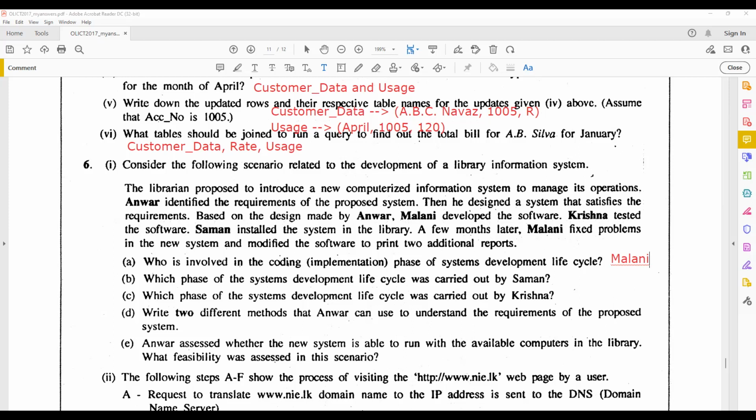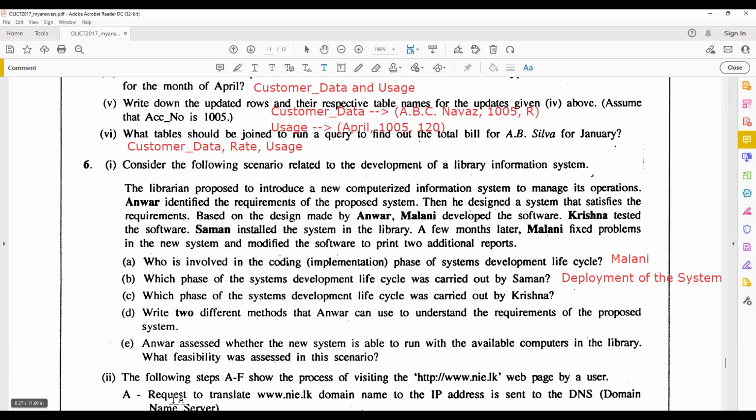You code the solution, you test it, then you deploy it. So it's deployment. Deployment of the system.